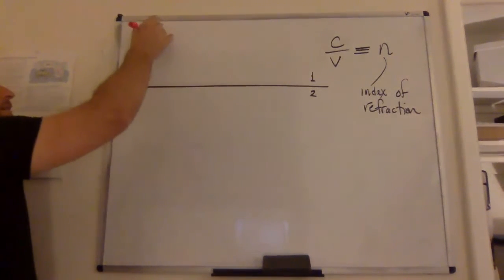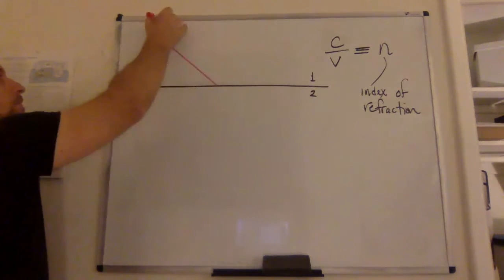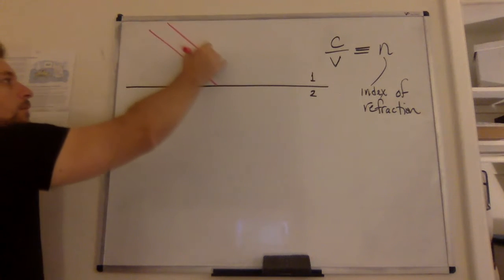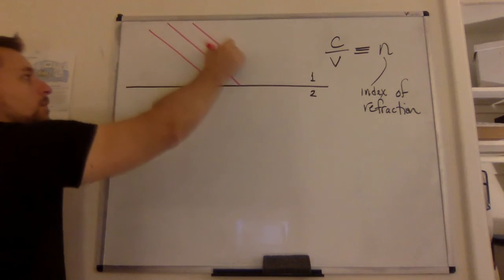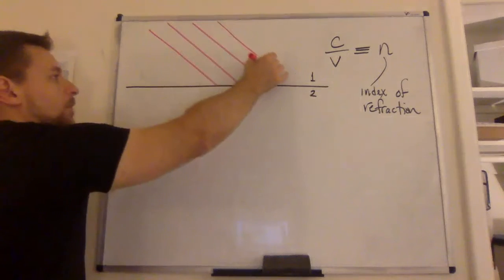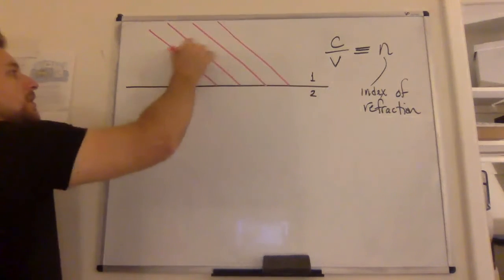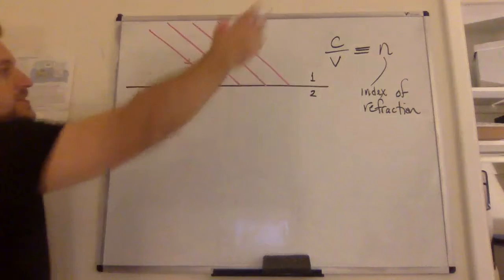So we've got rays of light all coming parallel to each other.